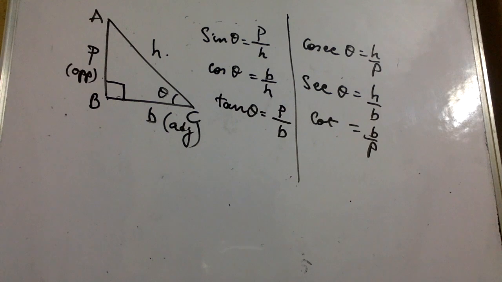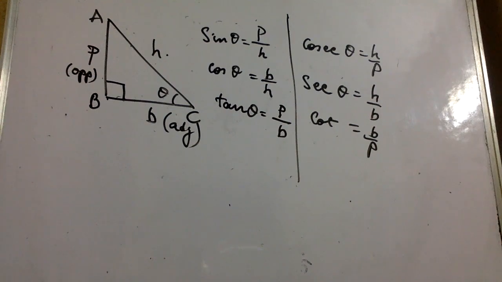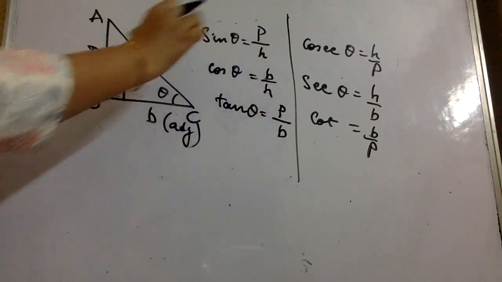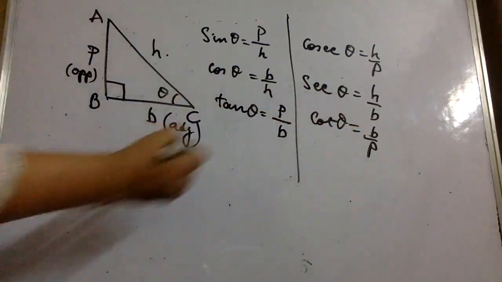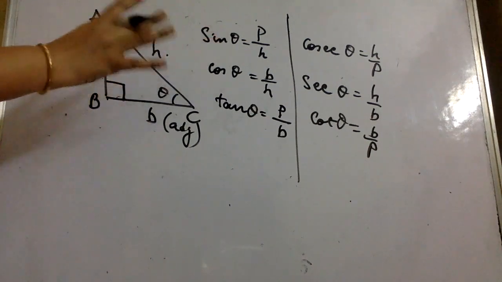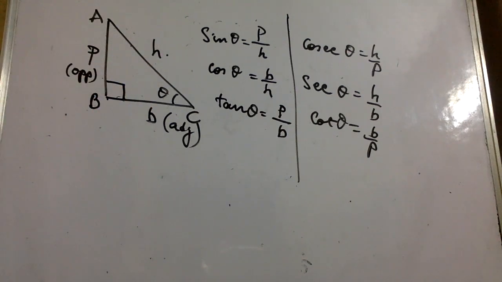Now they will be giving you values like 5, 4, 3, and then you will actually put the lengths of the sides of the triangle over here and get a ratio. That's all. This is what sine, cos, tan, cosec, sec, cot actually are. We can get at most 6 trigonometric ratios, and these are all the 6 trigonometric ratios that are there on the board.